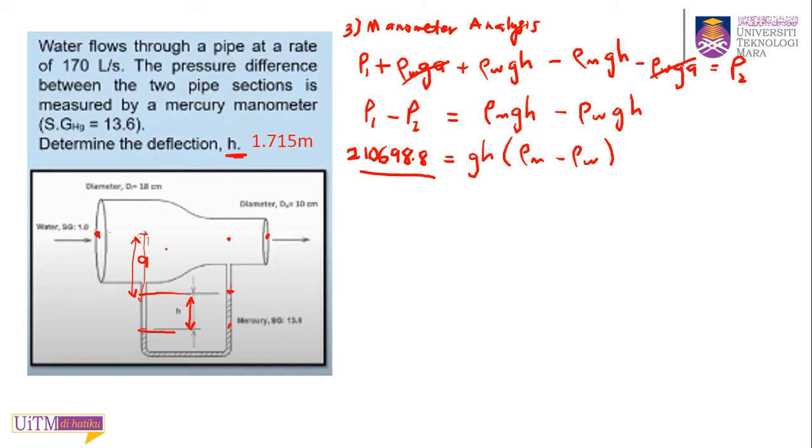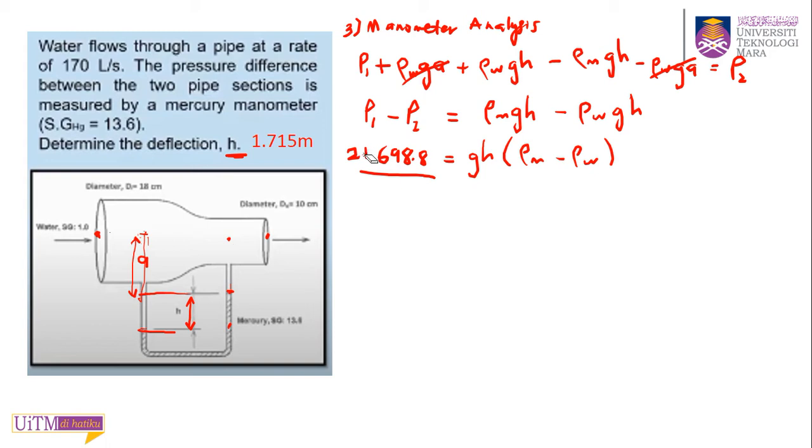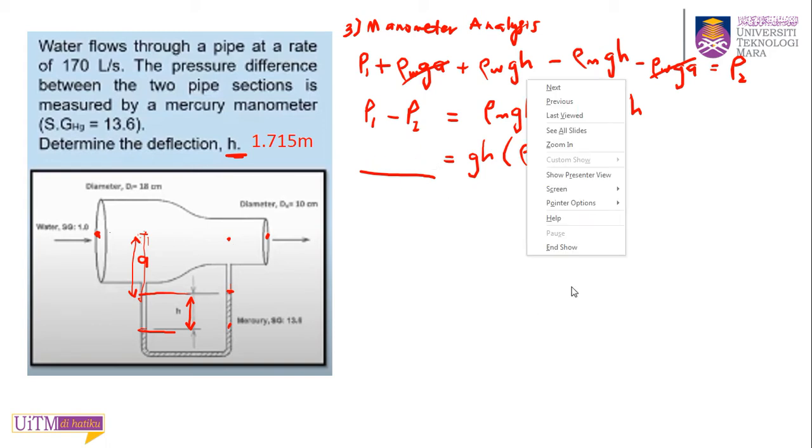Okay, that's why when you introduce A, you already cancel it. Sir, tu 21096, ni salah. 210,968. Oh, jap saya cancel. Okay. Ini dapat sama juga.